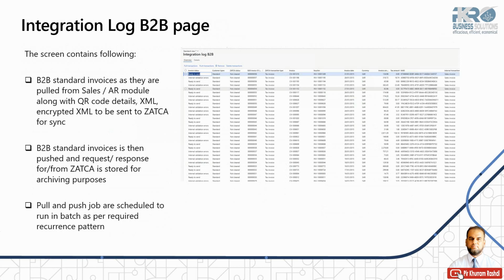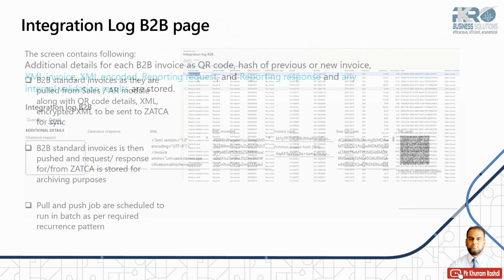Similarly, pull and push jobs are also available for the B2B page, which can be run as a batch in some recurrence pattern or timely fashion, like 10, 20 or 30 minutes, as per the volume and requirement of the business.